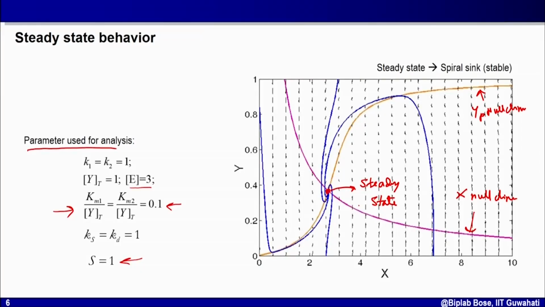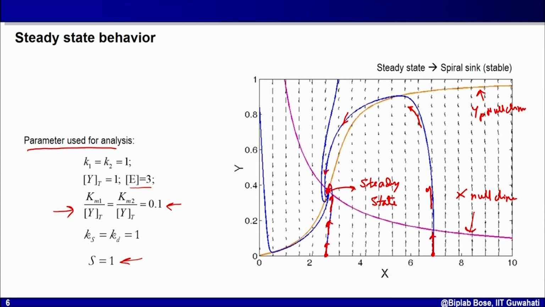And these arrows here, which are not very clear in this picture, are actually showing the phase portrait. I can start from one point; I have shown one trajectory by this blue line. If I start from here, the phase portrait tells me that the system will move along this trajectory and eventually collapse here. If I start from this point at t equal to 0, then I will follow this trajectory and eventually collapse at the steady state.